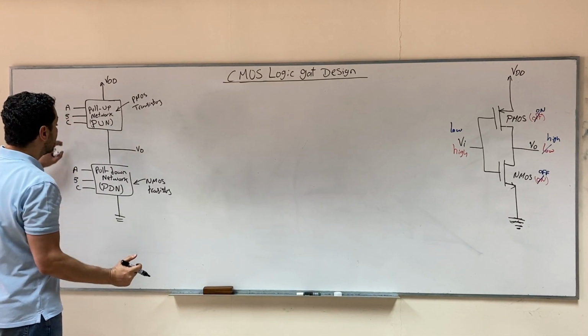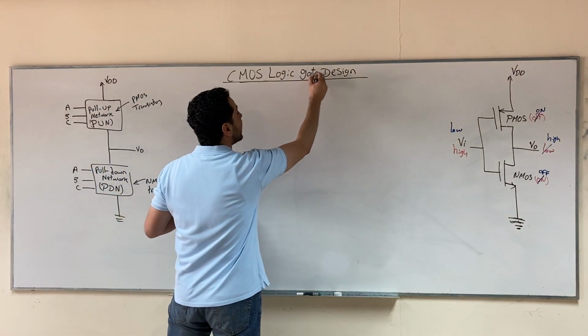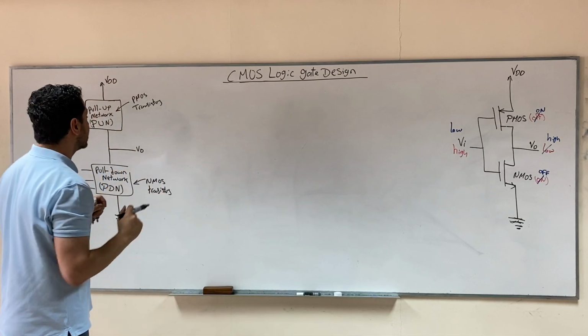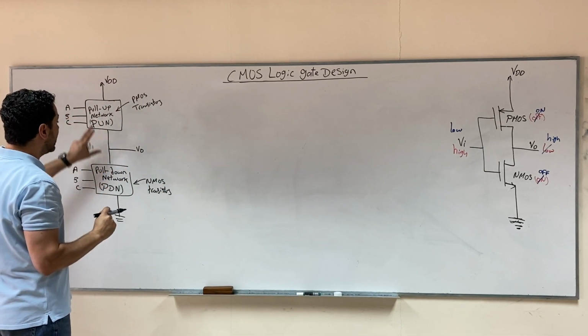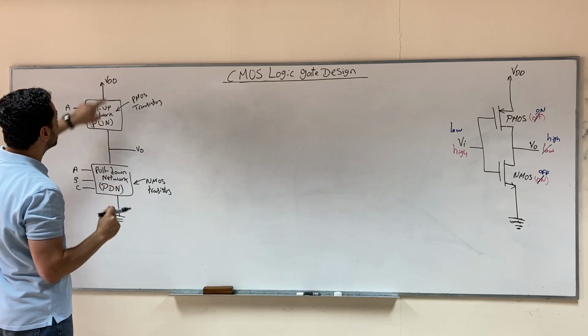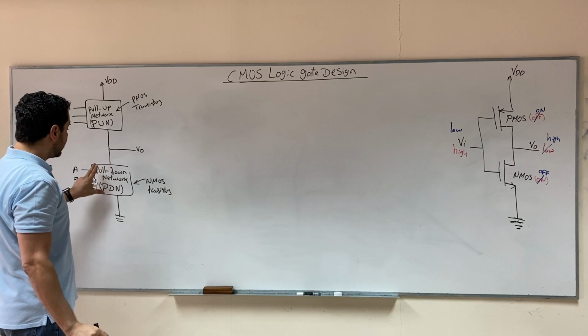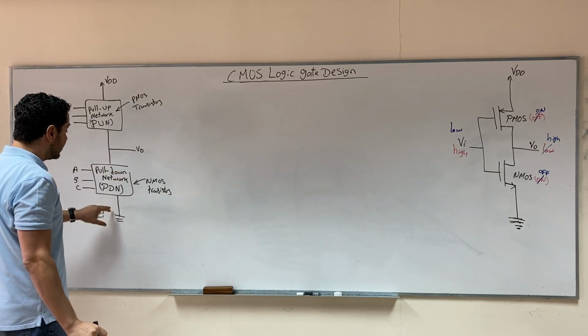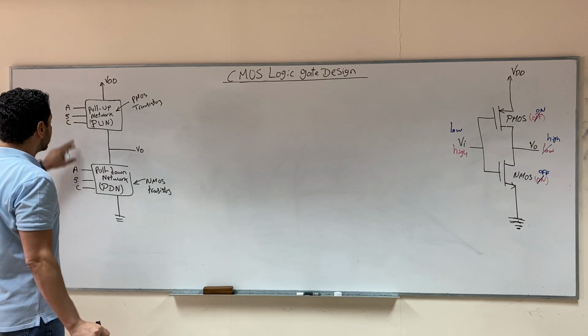So any logic gate design based on CMOS will consist of a pull-up network and a pull-down network. The pull-up network is responsible to connect the output towards VDD, the supply voltage, high, and the pull-down network is responsible to connect the output down towards the ground. Both of them have the same inputs.